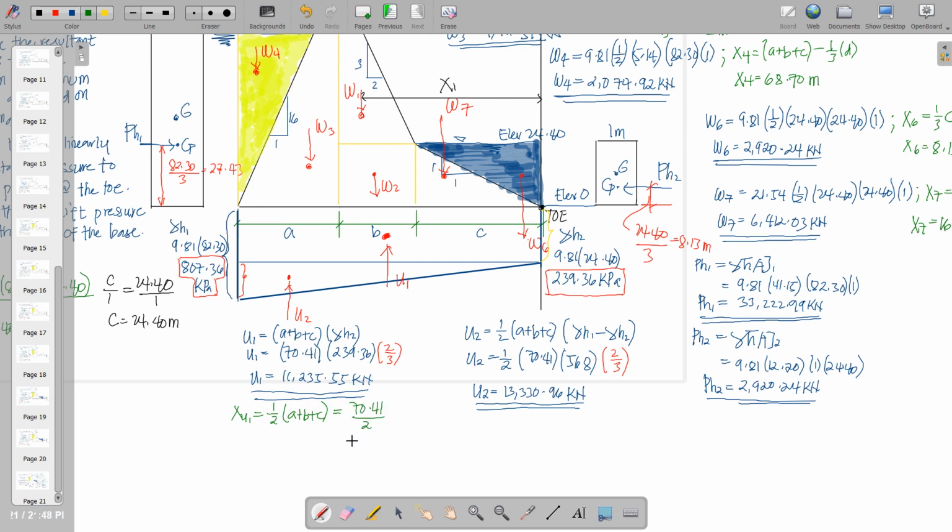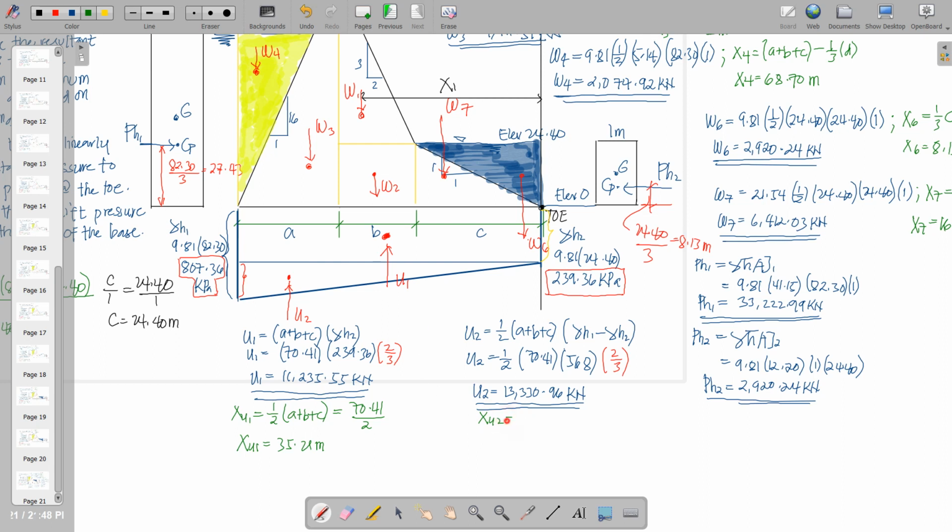We have 70.41 all over 2. So therefore, XU1 will be yielding to 35.21 meters.